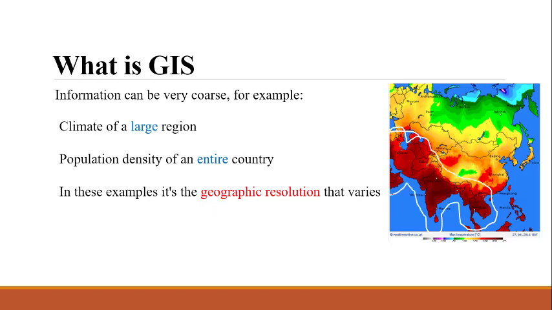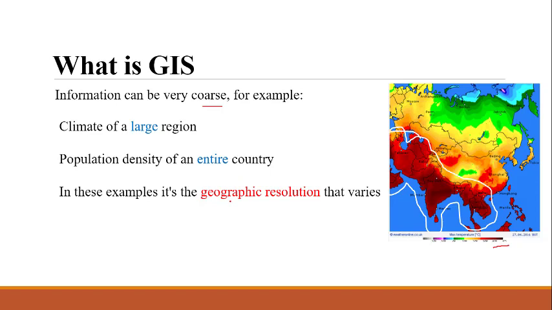Coarse information means that it covers a huge area, for example from Iran to Bangkok. The temperature, which is about uniform from Iran to Bangkok, is 40 degrees Celsius. So the information given here is coarse information because it covers a large region.